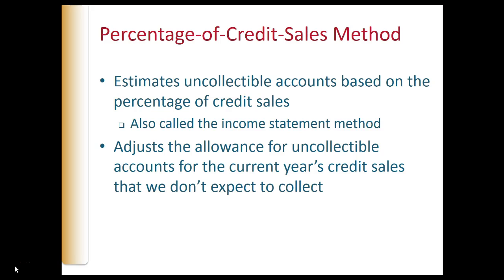When applying the percentage of credit sales method, we adjust the allowance for uncollectible accounts for the current year's credit sales that we don't expect to collect, rather than adjusting at the end of the year for the percentage of accounts receivable we don't expect to collect.